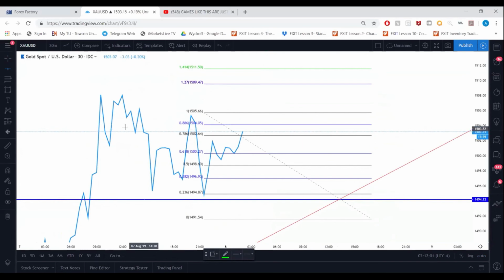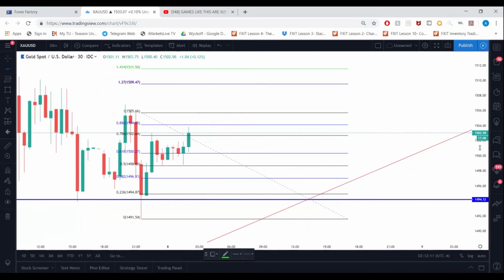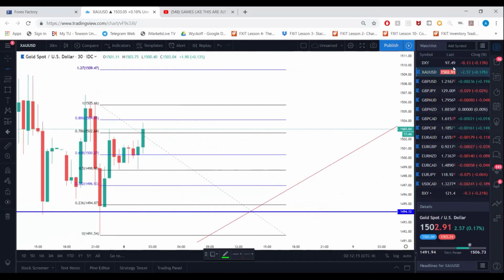It should be the last push up, to be honest, but you never know. Looks like they like to trade gold in Asia all of a sudden. Yeah, I noticed that too.